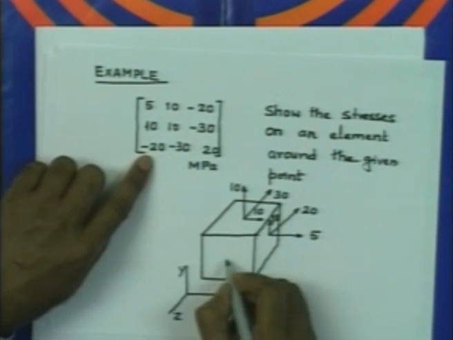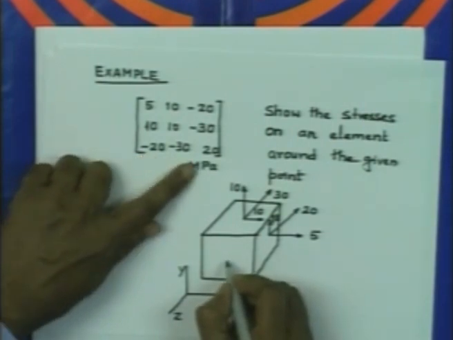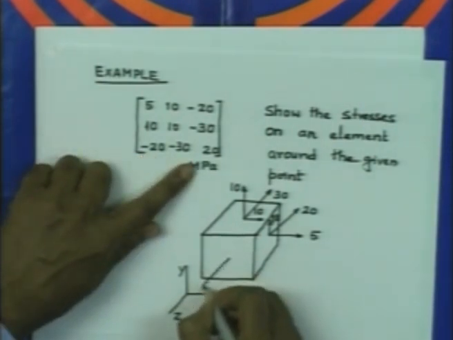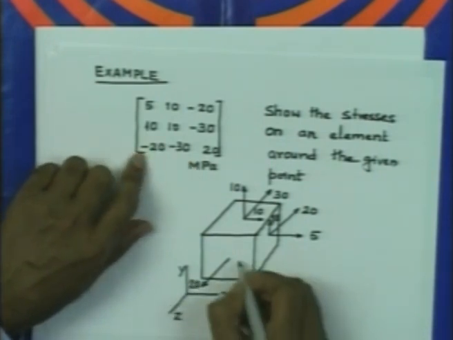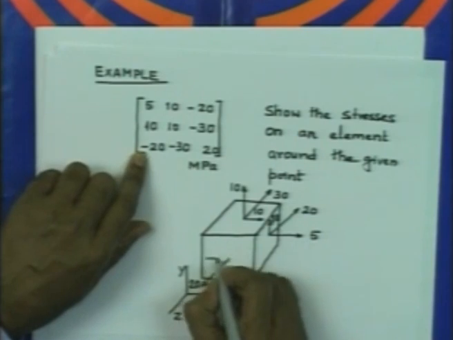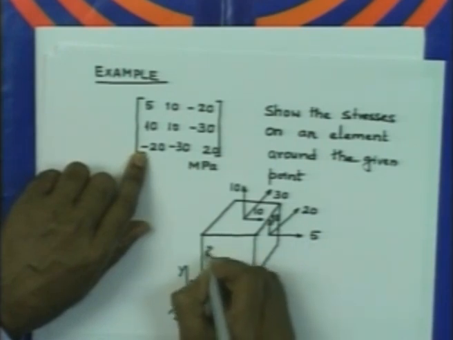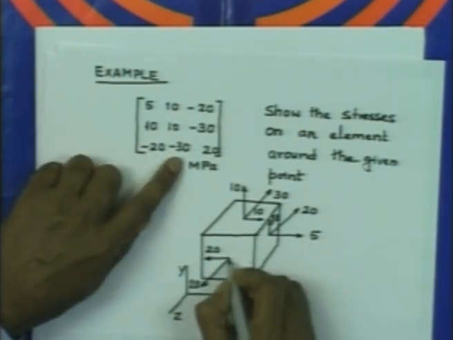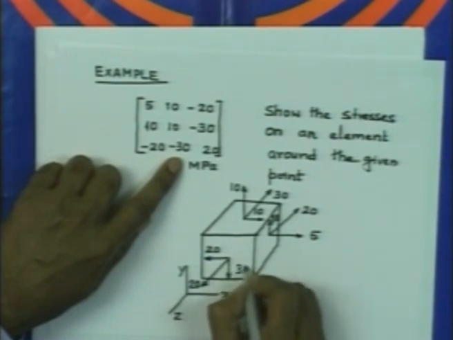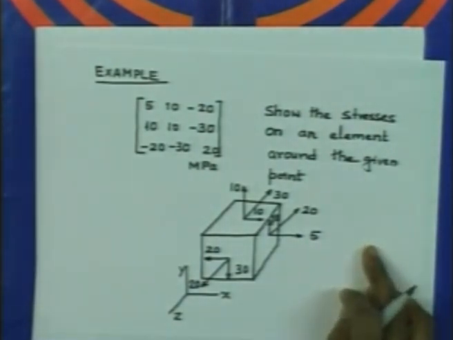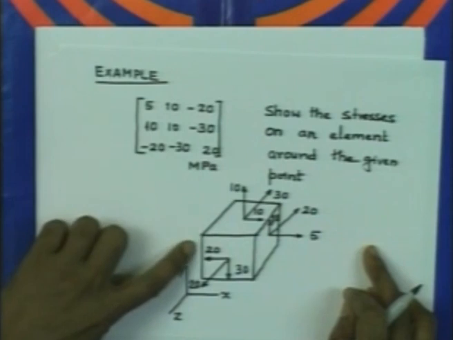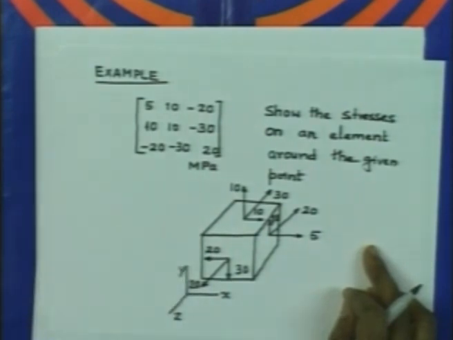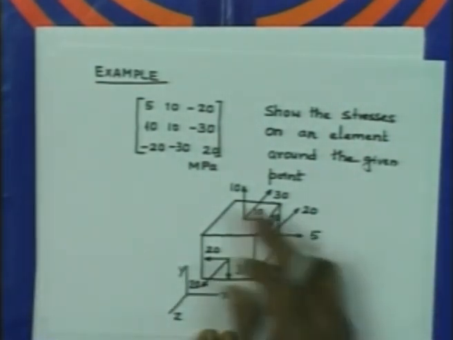Similarly here on this face we have the direct stress in the positive z direction, which is given by 20, and the shear stress here in the x direction is in the negative direction, so this is 20, and this shear stress is acting in the negative direction, of magnitude 30. So these are the stresses as per this particular stress tensor, and you can show the stresses on the negative faces by considering the mirror reflection of this.